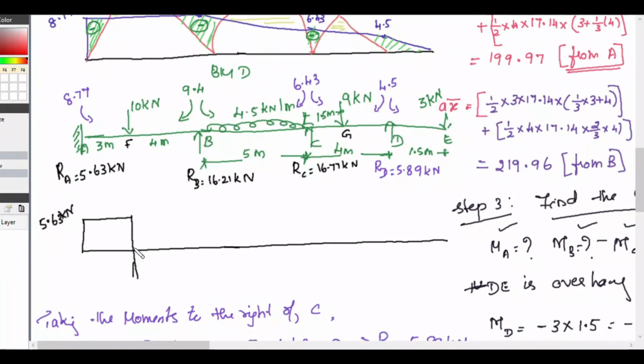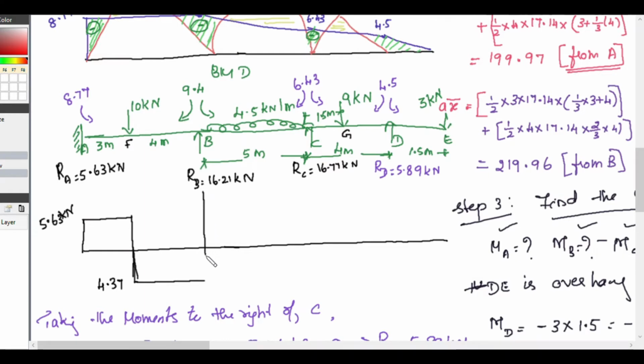So it is 5.63 minus 10, we have minus 4.37. Now up to B we do not have any loads. At B we have 16.21. So it is minus 4.37 plus 16.21, we have 11.84.